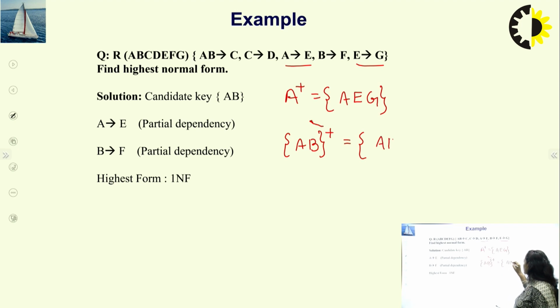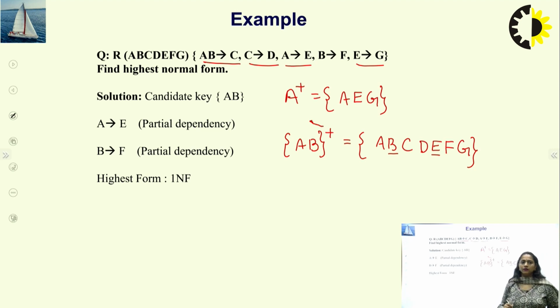AB determines C, C implies D, A implies E, B is already there, so B implies F, E is already there, E implies G. If you compare this with the given relational schema, all the attributes are covered: A, B, C, D, E, F, G. So we have 7 attributes and all are covered by finding the closure of AB.